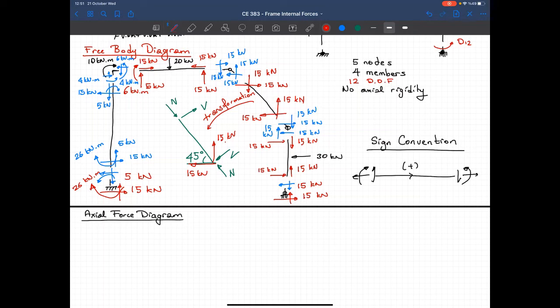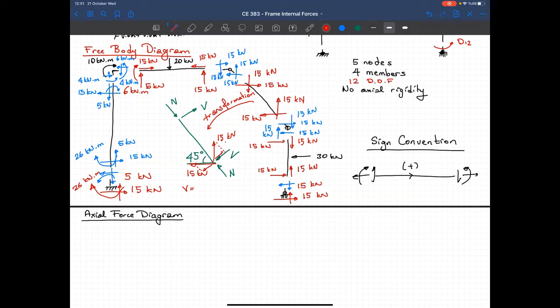So V, if I write V, is equal to, I have the component in the V direction as follows here, and another component of this one in this direction.